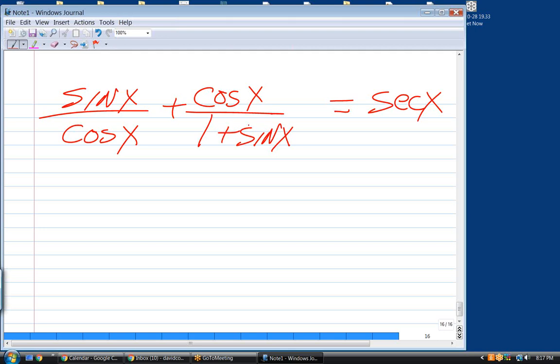Well, remember what I said about when you run into stuff that looks like that? You're not going to be able to use the Pythagorean identity on it because nothing's squared. But if we multiply top and bottom of this second term only by 1 minus sine x, we will end up with a 1 minus sine squared x in the bottom.